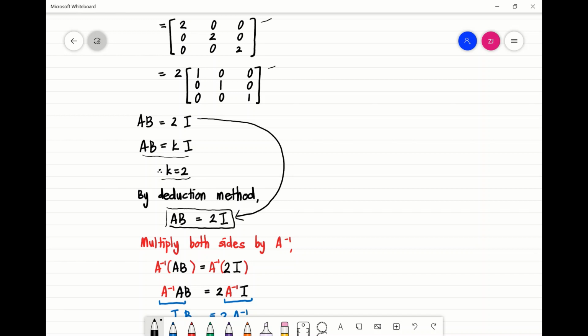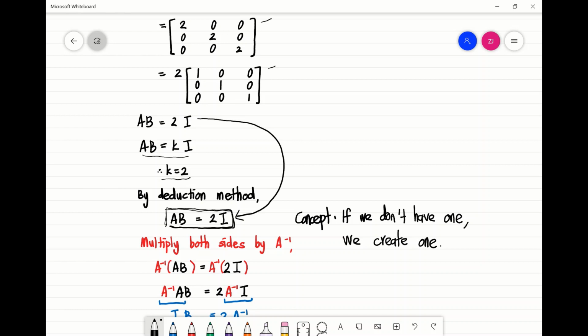So the concept is, if we don't have one, we create one. In this equation we do have AB equals 2I, but we don't have any A inverse. So in order to create one, we just multiply both sides by A inverse.